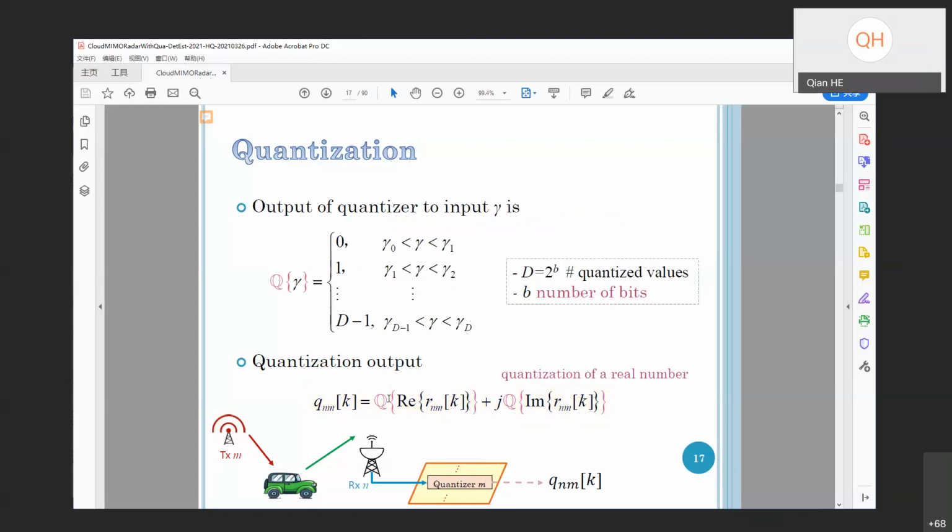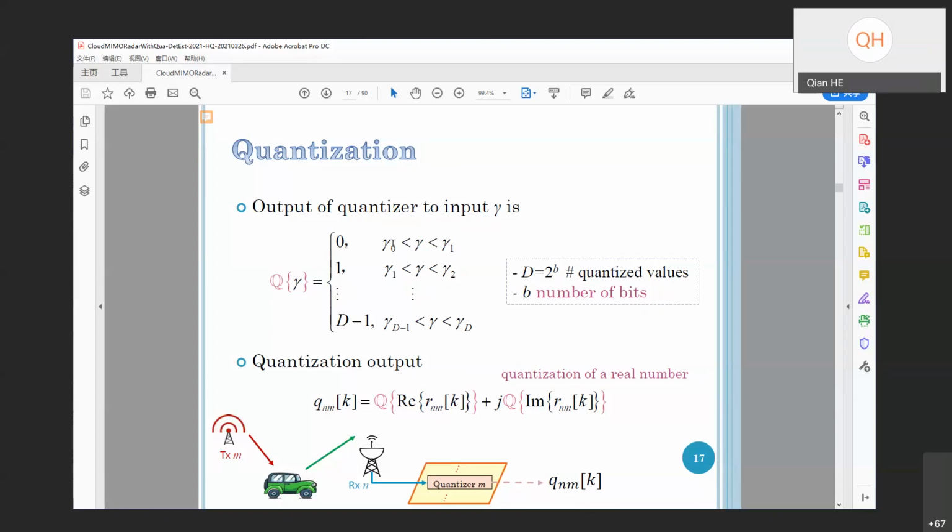Okay, let's look at the quantizer. The quantizer is doing a mapping from the input to the output. For the quantizer input, which we denote by gamma, you look at which region this input falls into.